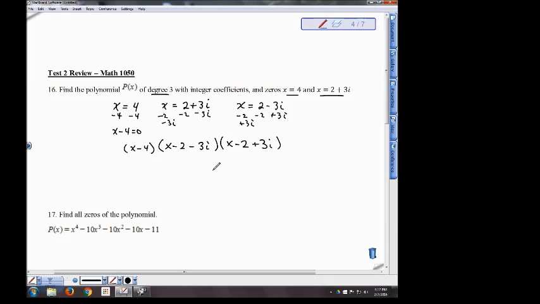So now you've got to multiply all the parentheses together. It would be much easier to multiply the two parentheses together that contain the complex factors. So multiply here, you're going to have x squared minus 2x plus 3ix.